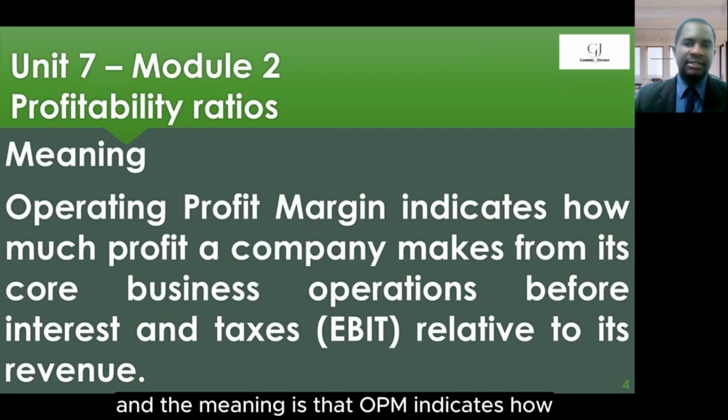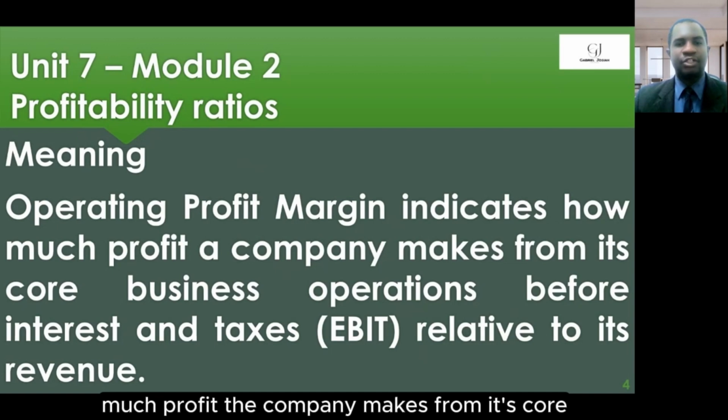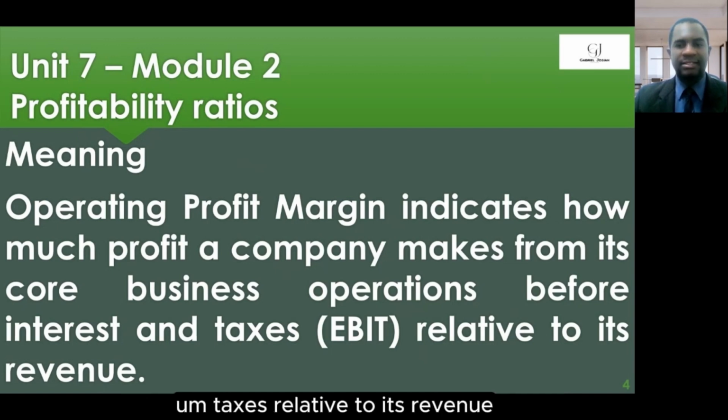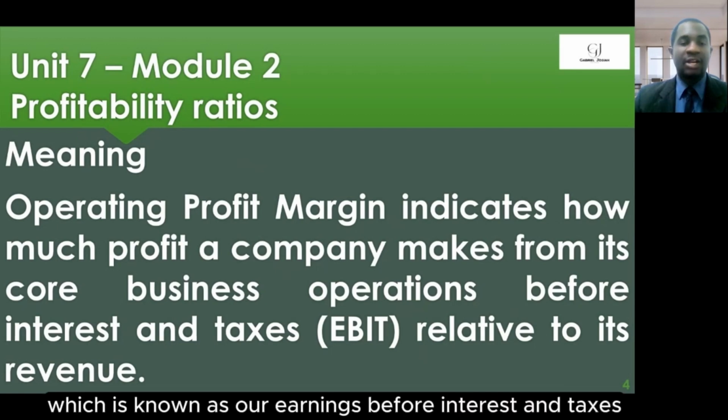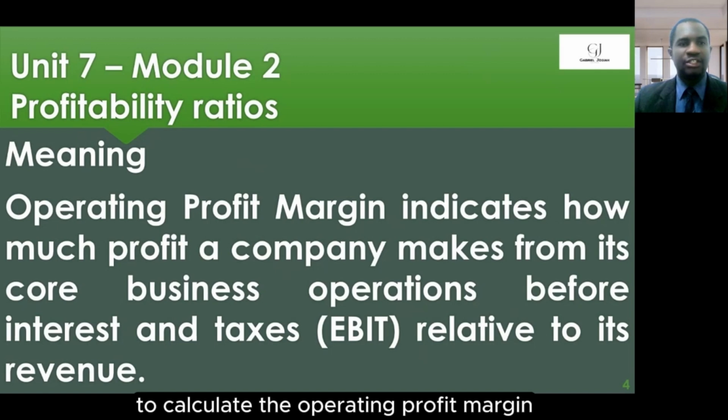Now, the meaning is that OPM indicates how much profit a company makes from its core business operations before interest and taxes relative to its revenue. So before any external deductions, the internal expenses are first considered, which is known as our earnings before interest and taxes, to calculate the operating profit margin.